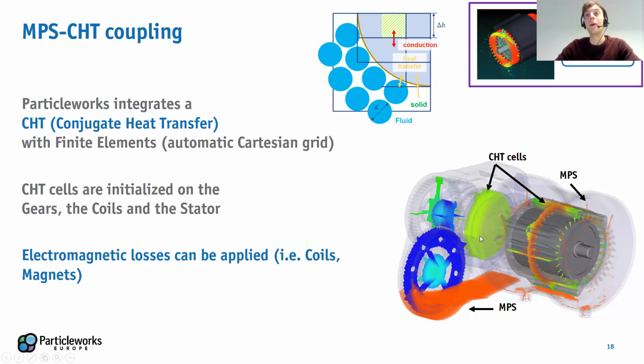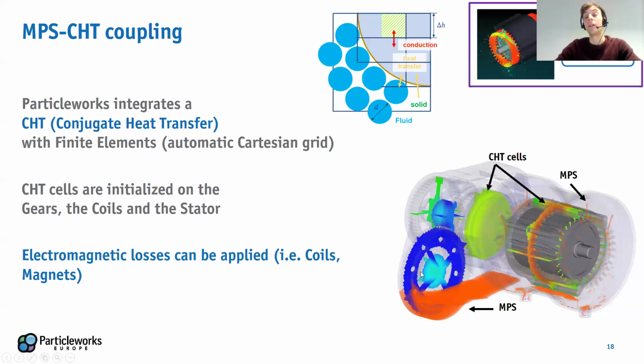So here is an example of actually a coupled system where we have both fluid and thermal predictions, so solid temperature prediction. You see jets of oil cooling different elements of the e-motor, and we see also a coupled drive system.